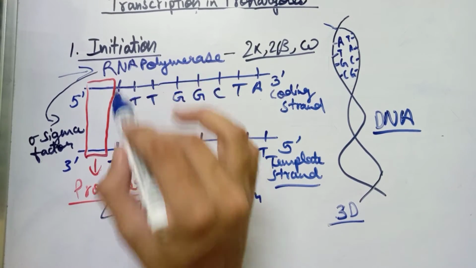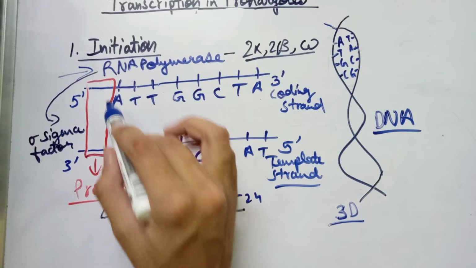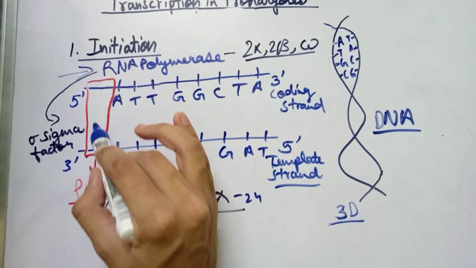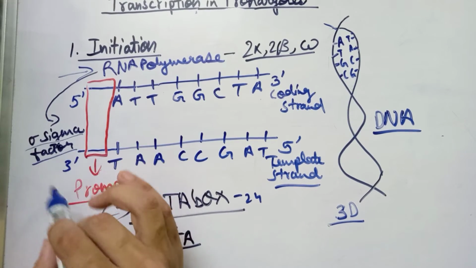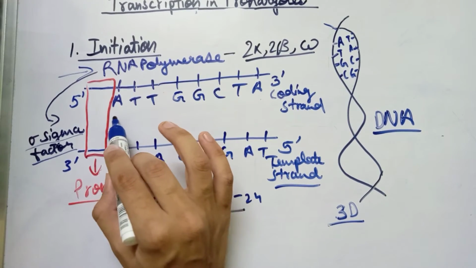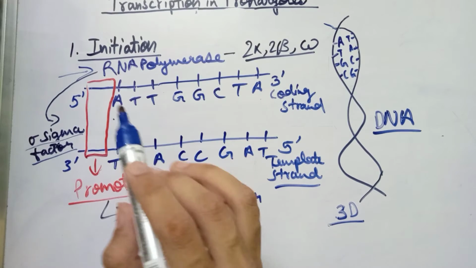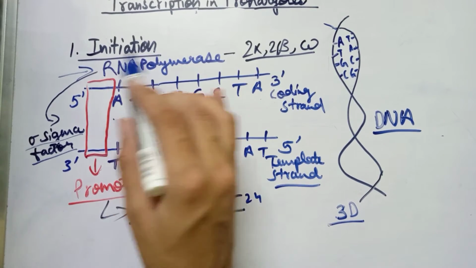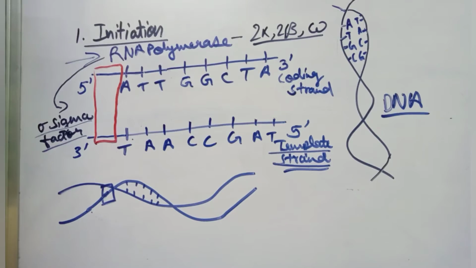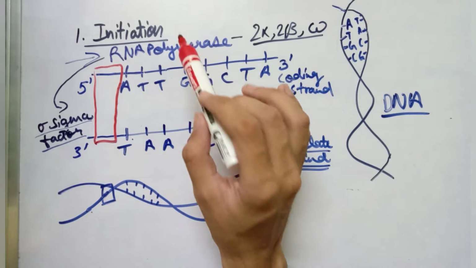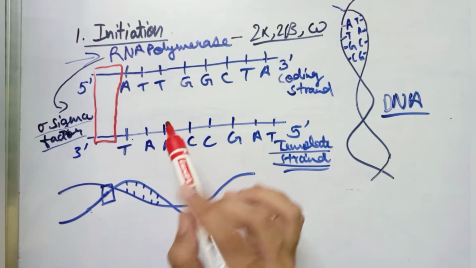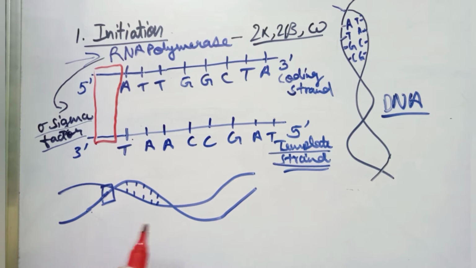So in this way, the RNA polymerase recognizes the promoter with the help of the sigma factor, and then it starts the process of initiation, or the making of the mRNA. So this concludes the first step of the transcription process, which is known as initiation, and this can be shown here in this double-stranded DNA molecule.